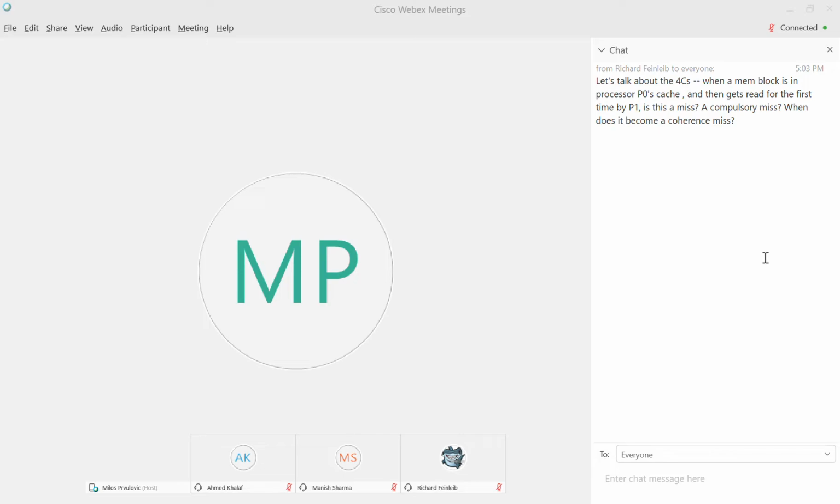Something becomes a coherence miss when it was in the cache and it would still be there, except that it's been accessed by another processor, and because of that we had to remove it. Again, it's a coherence miss for a particular cache.